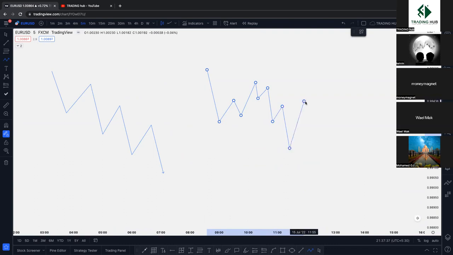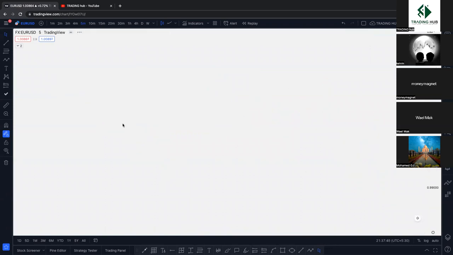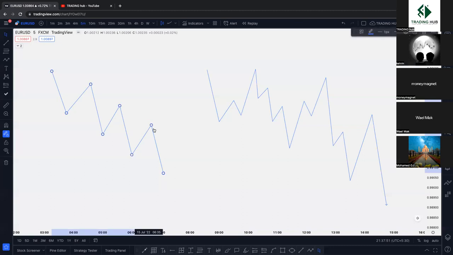Generally the market creates this structure, not this one. This is a real structure, because the market moves like this, not like this.